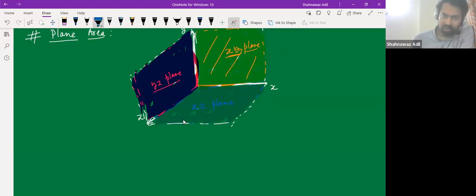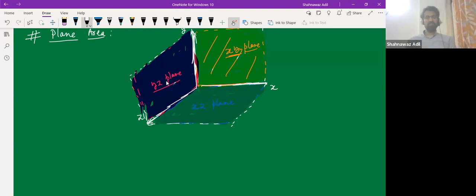So this is your floor, these are two walls, and these are the corners. If I am talking about this XY plane, normal to this plane will point in which direction?